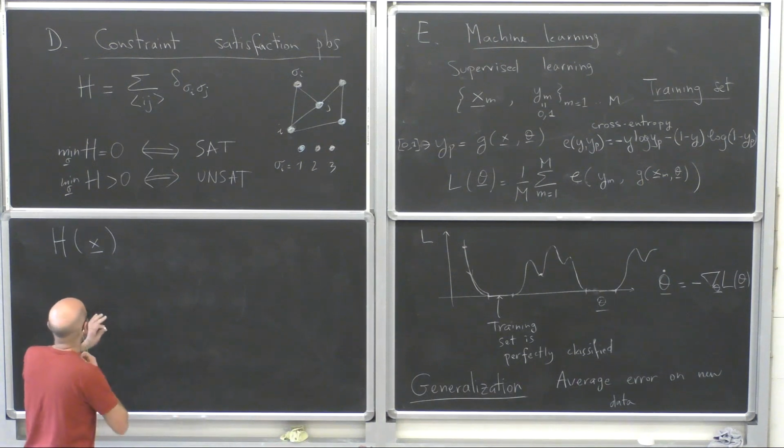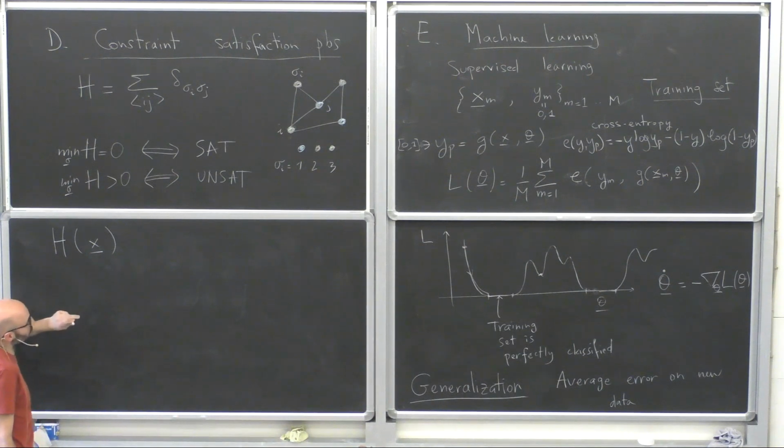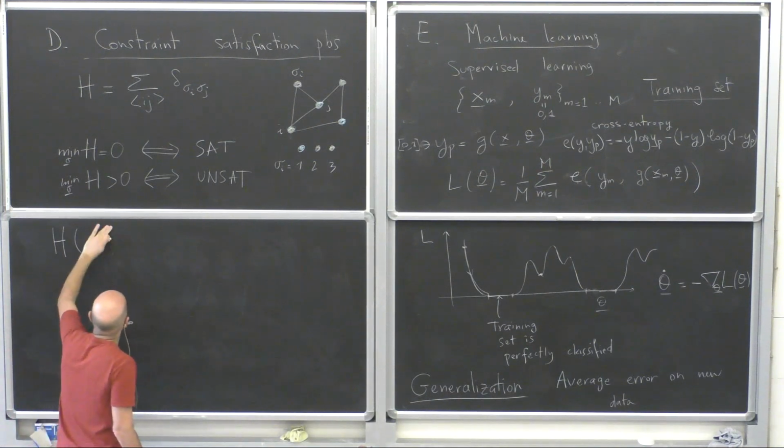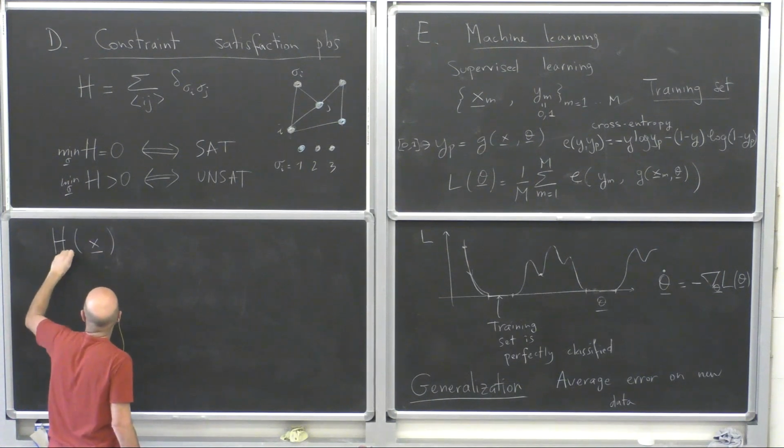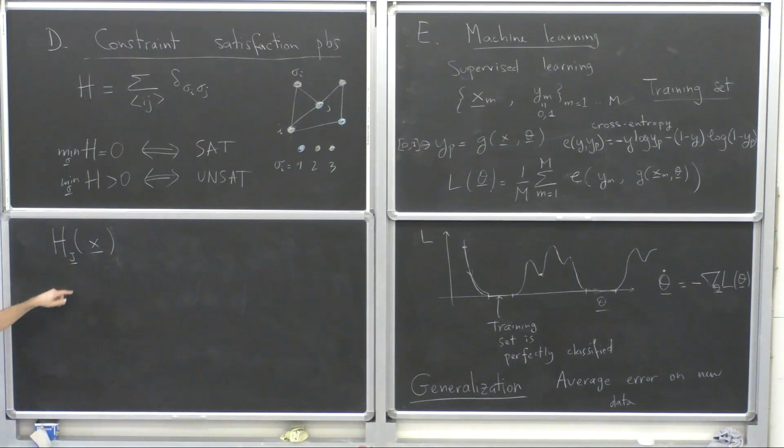In some cases, this function also depends on some disorder, so there is some disorder in the problem. In the particle case, this is just the potential energy, so there is no disorder. You just have particle positions, and a function that gives you the pair potential, and that's it.